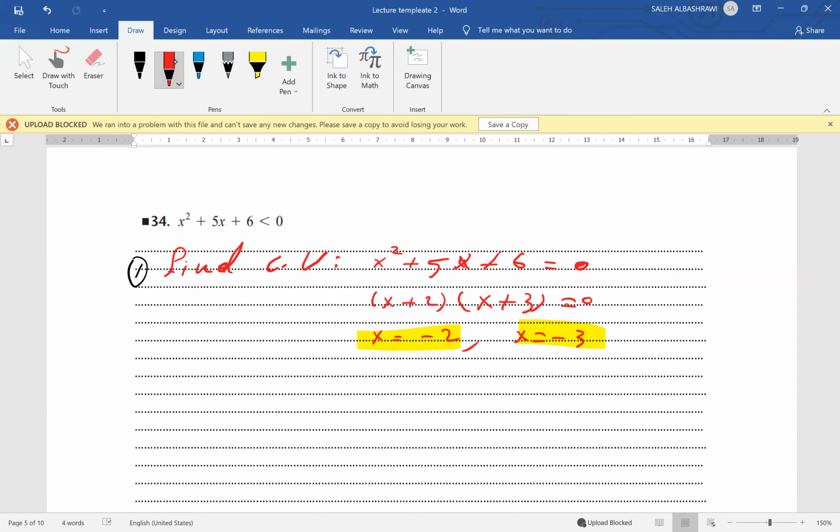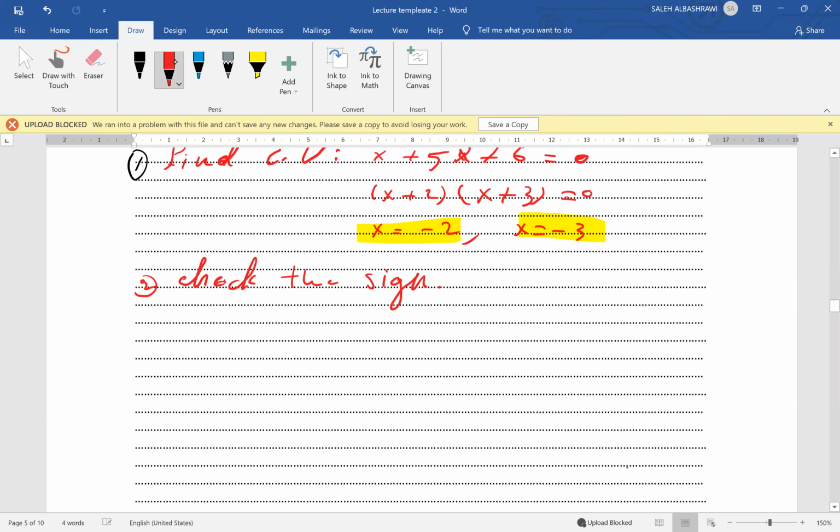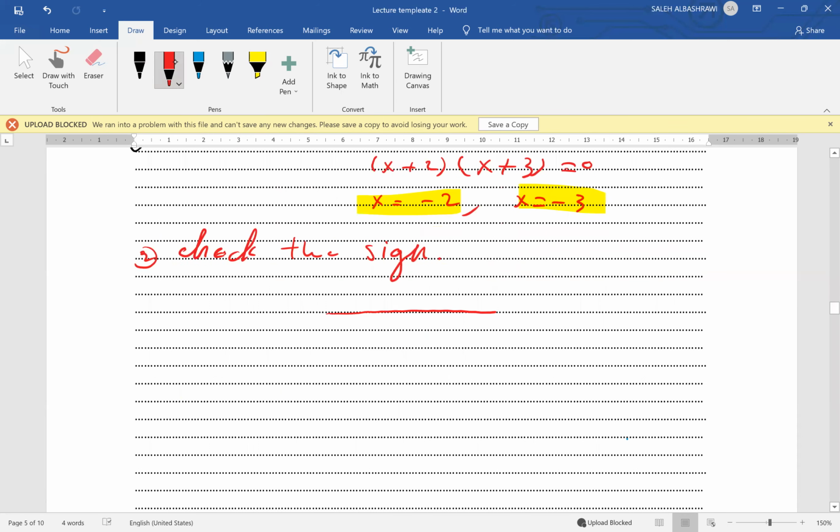In the second step, we need to take the sign of the inequality. So I have to take the sign, minus 3 and minus 2.